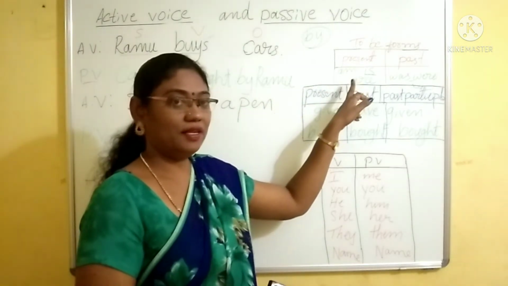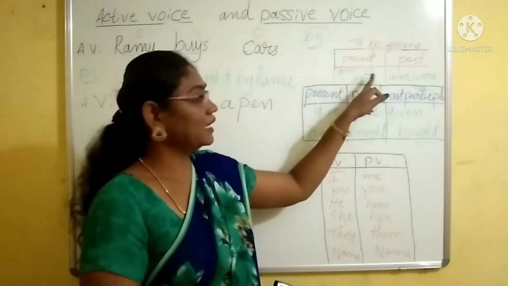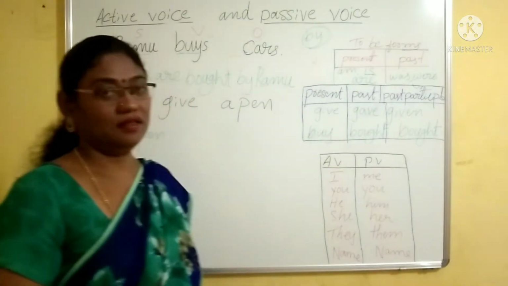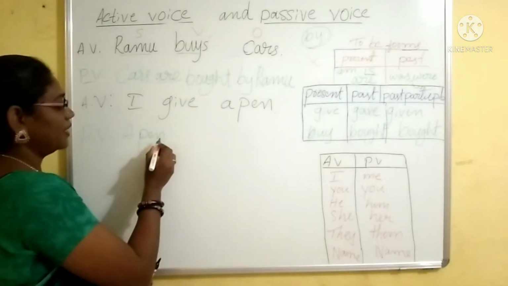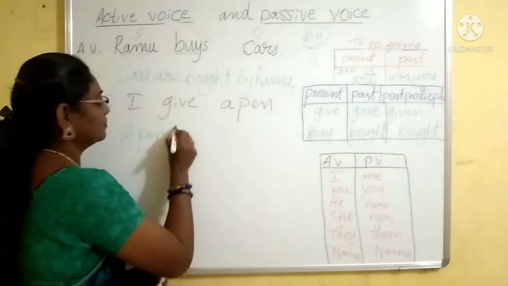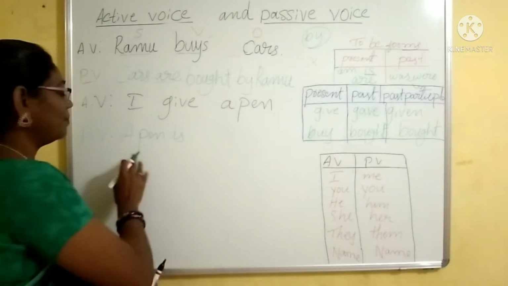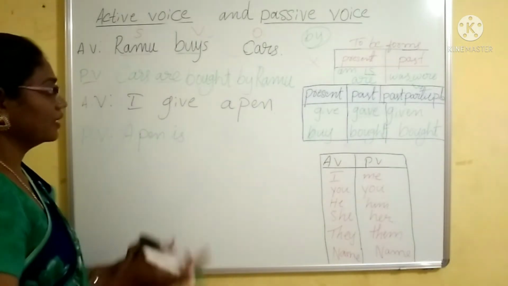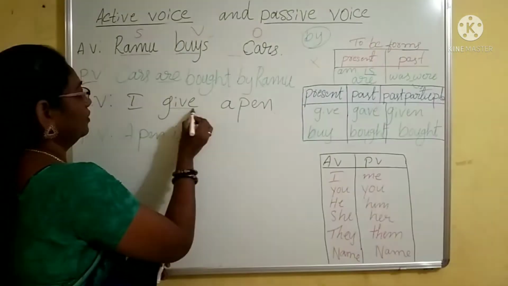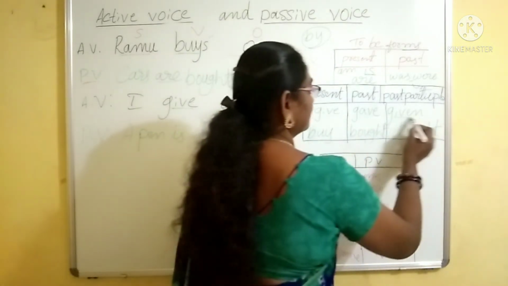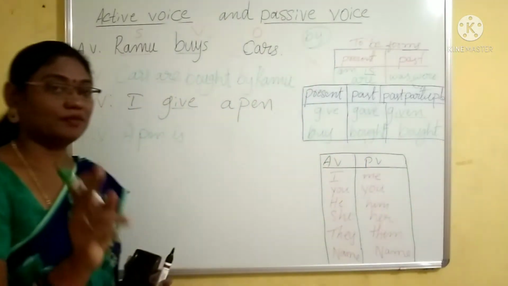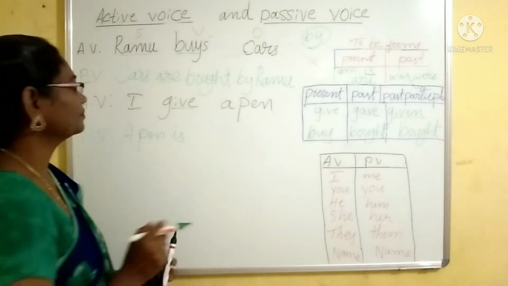Again you go to the table to find the right helping verb. Is. So a pen is. Again give will be changed into given, what we call past participle, V3.